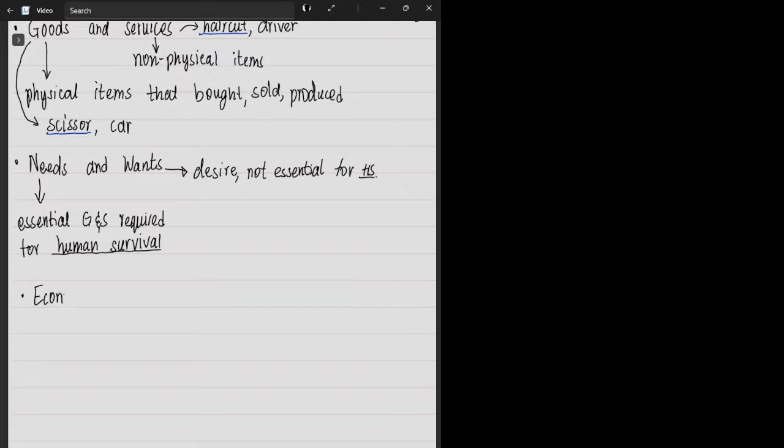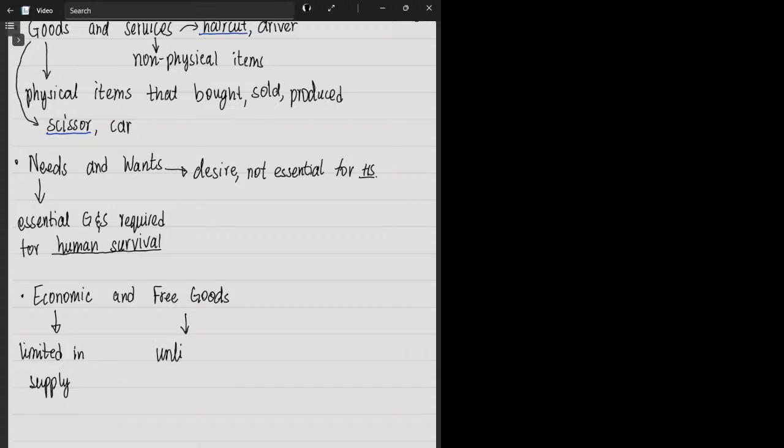Economic goods are goods that are limited in supply. And a free good is a good that is unlimited in supply and has no opportunity cost. So I'll explain this.